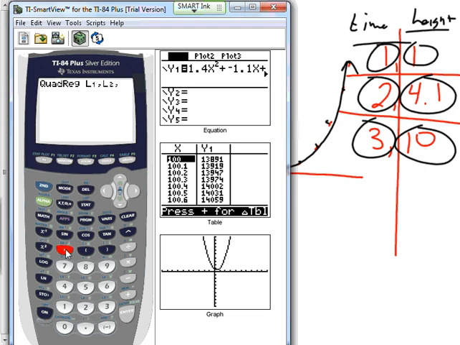I already have it in my y equals screen, so this might not like that. Let me try it though. Vars, Y vars, function, Y1. Okay, and I hit enter. It was okay with that because it already had the equation in the Y1, which is right there.